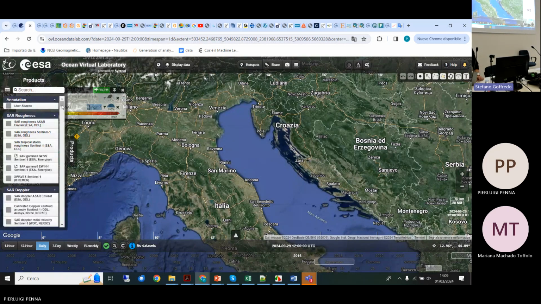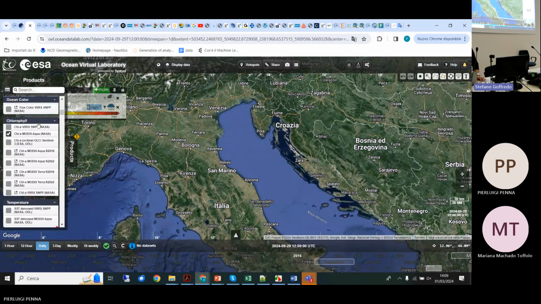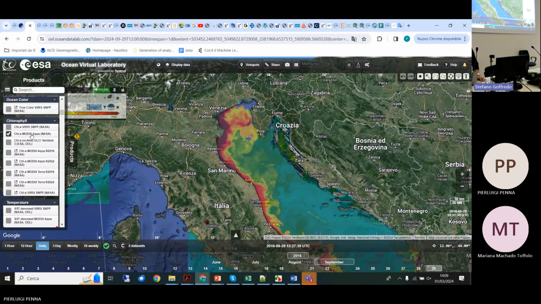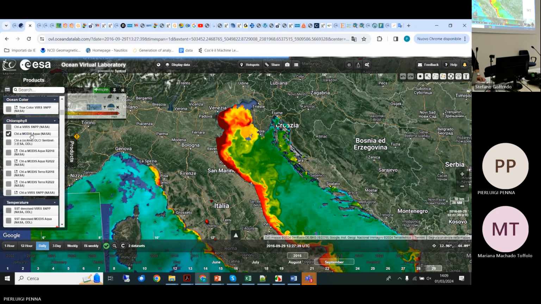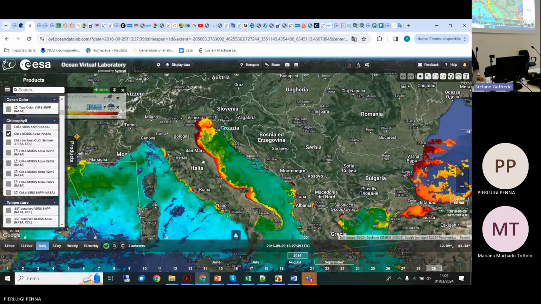You can select the product, produced by processing satellite data. So if you want to know the chlorophyll concentration, okay, this one. This is a product that derives from satellite data sampling.